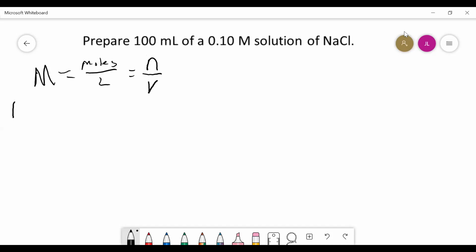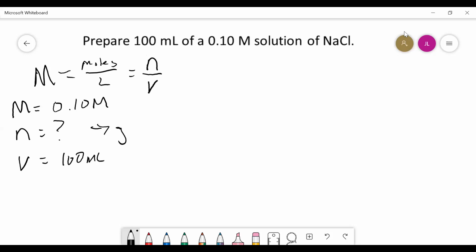We know what our molarity is in this case: it's 0.10 molar. And n we're not sure of yet, and eventually we want to take that to grams. Our volume in this case is 100 milliliters. And if you remember, we want our volumes to be in liters, so let's go ahead and convert that right now.